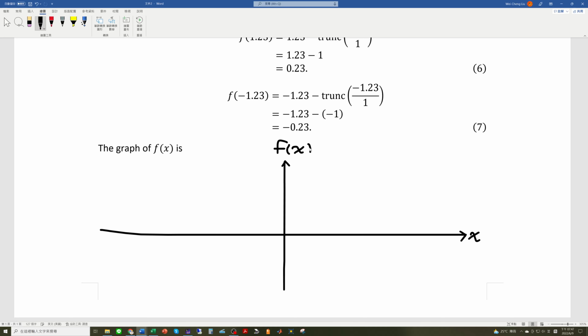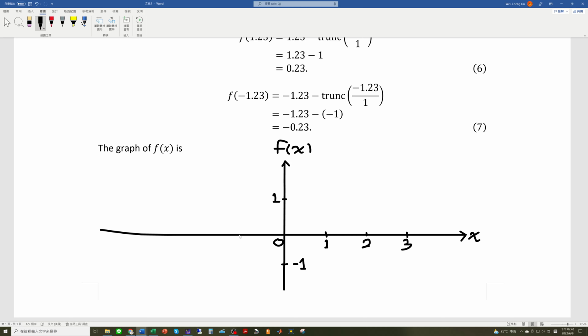This is 0, and this is 1, and 2, and 3. And this is 1, and this is negative 1.